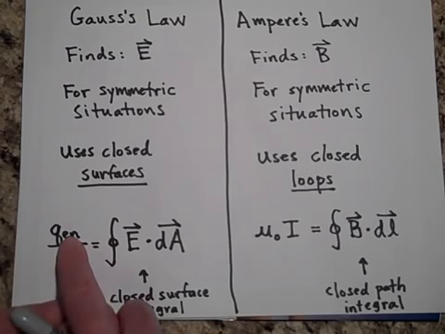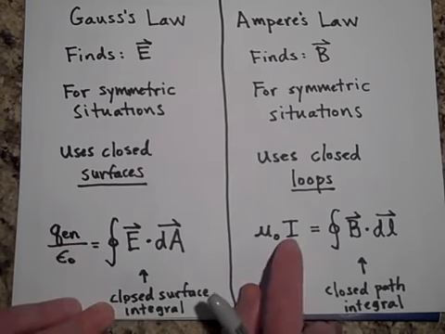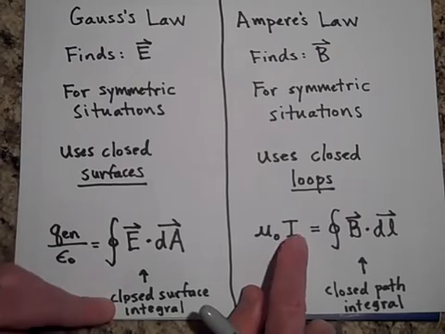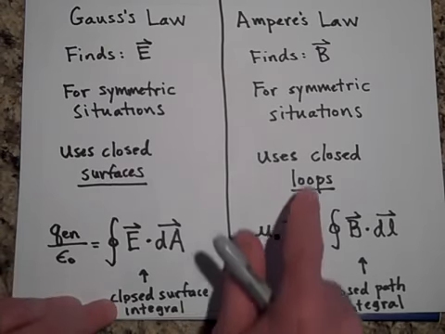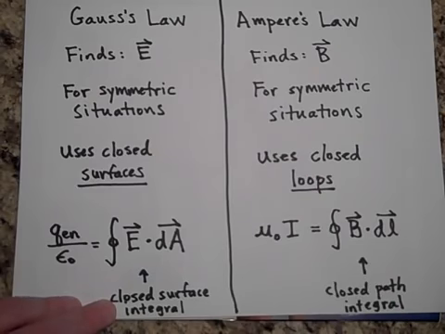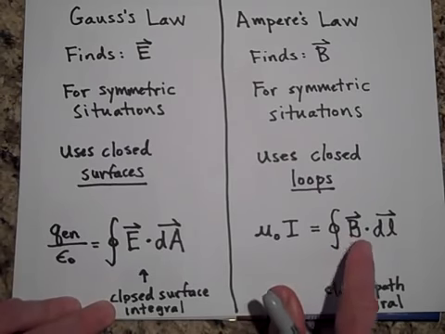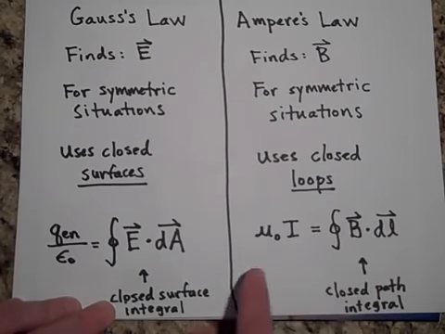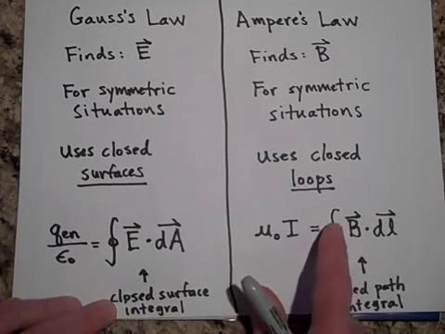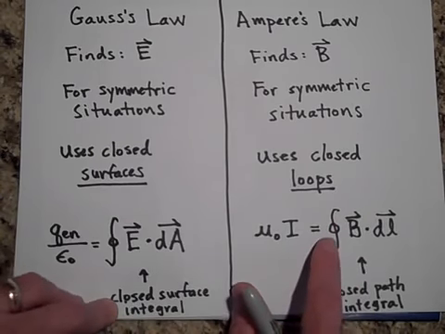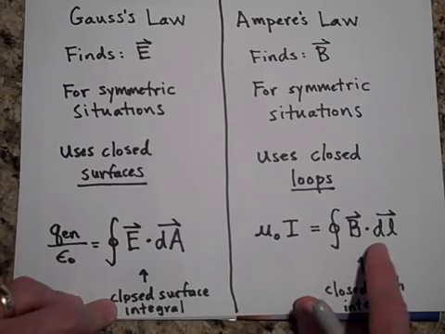This is the Q that's enclosed by your Gaussian surface. This will be the current that goes through the Amperian loop. The Amperian loop is this closed loop. Okay, this is B dot dl then, whereas this was E dot dA. Now notice that there is another circle here, but that's going to be a closed loop because these are dLs.